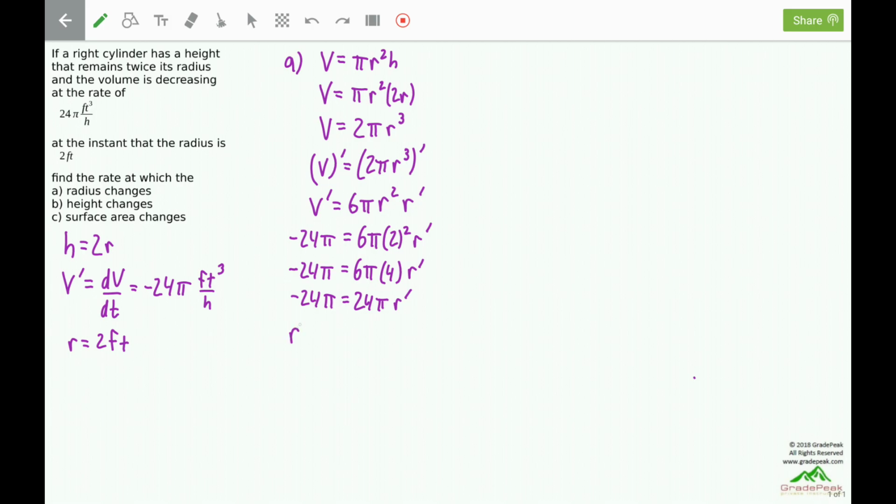And now we can solve for r prime by dividing negative 24 pi by 24 pi. They cancel out to become negative 1, so r prime, or dr/dt, is equal to negative 1, and it'll have units of radius measured in length. Length here is feet, over time measured here as hours.